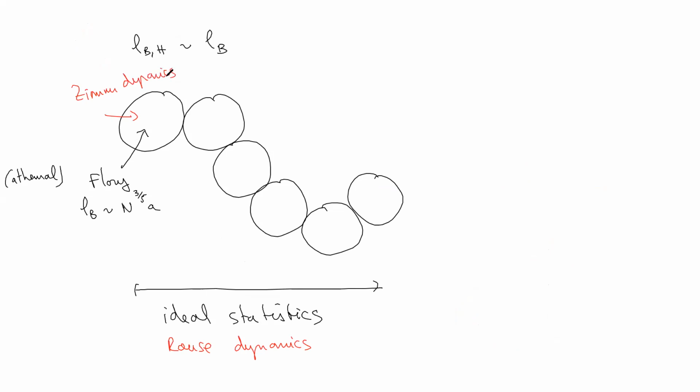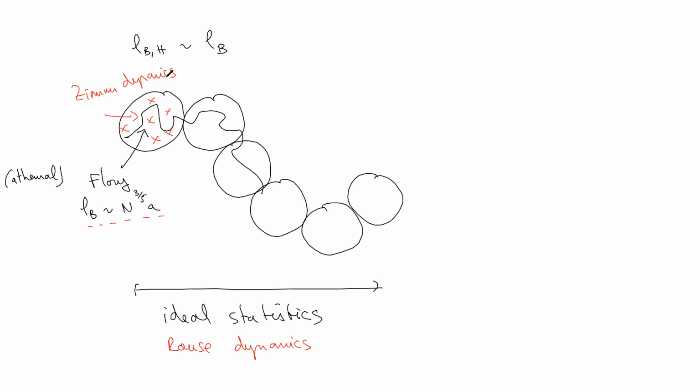In a blob, you have a chain with some solvent around. The chain first fills the solvent, so its statistics in terms of static properties is provided by the Flory exponent, a realistic exponent. And at the same time, when this sphere moves, it will drag all the molecules around, so it's the Zimm dynamics for solutions.